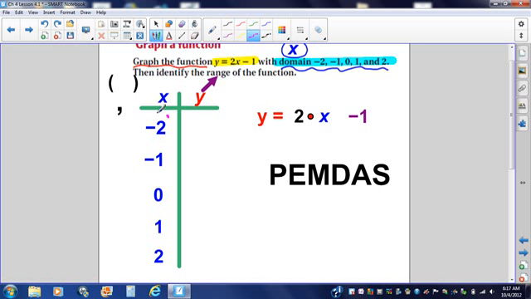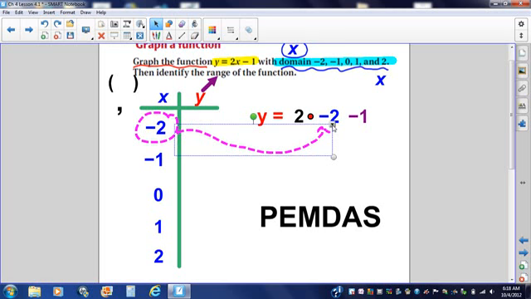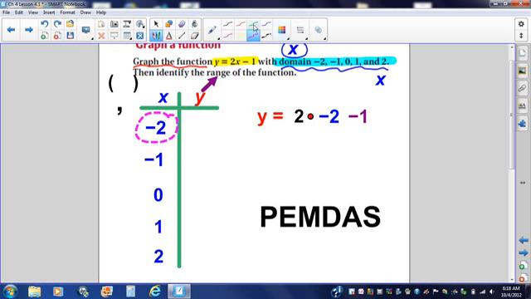and I'm going to take my first number here, which is -2, and put it in for x. So I take x out, I put the first number, -2, in. Now I'm going to follow PEMDAS. The first thing I'm going to do is multiplication. 2 times -2 is -4.